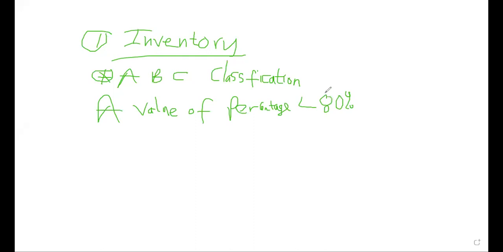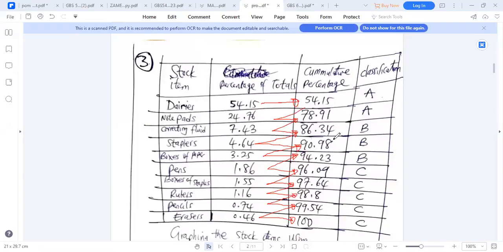So you get to A. This is how you classify A. Even getting to this one, this is A because these ones are less than 80.